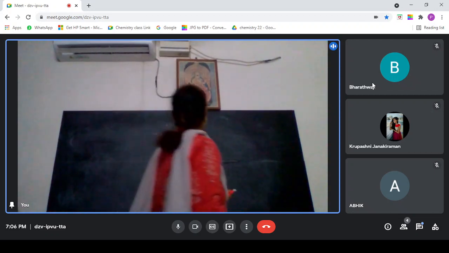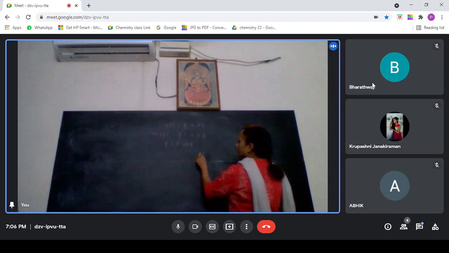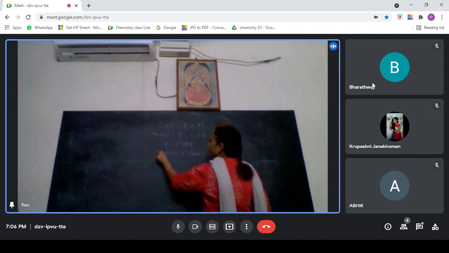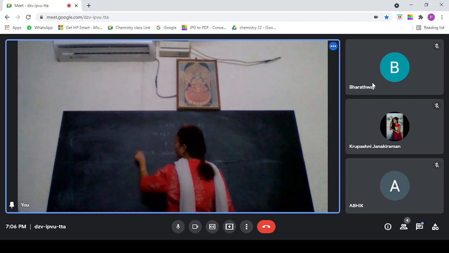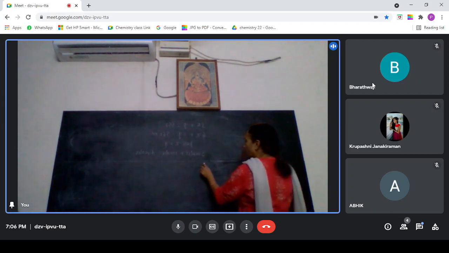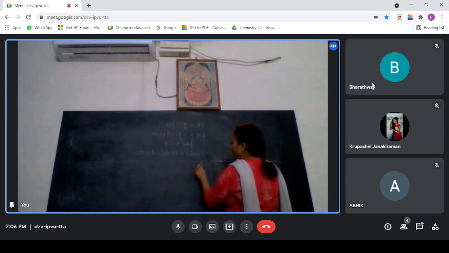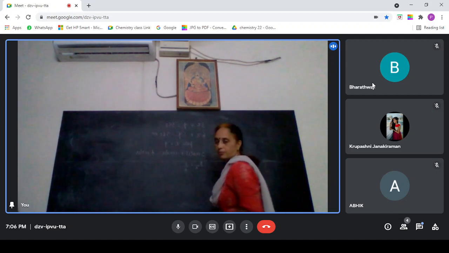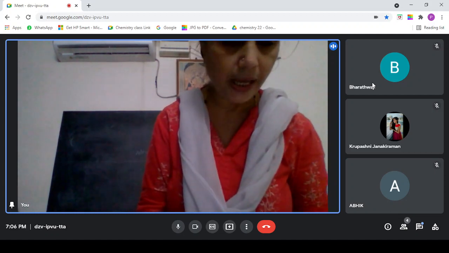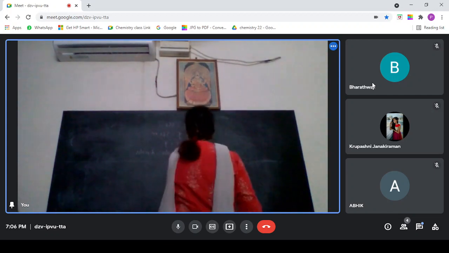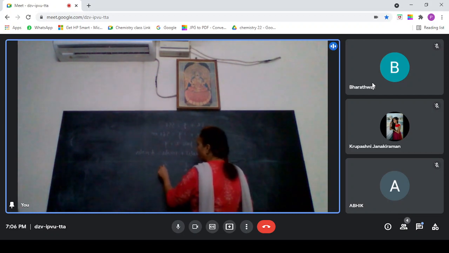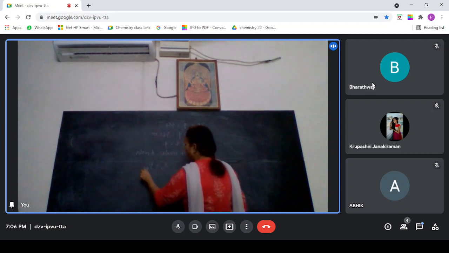I will tell you now. 3 moles plus 1 mole, total 4 moles. Mole fraction of X is equal to 3 by 4, mole fraction of Y is equal to 1 by 4.